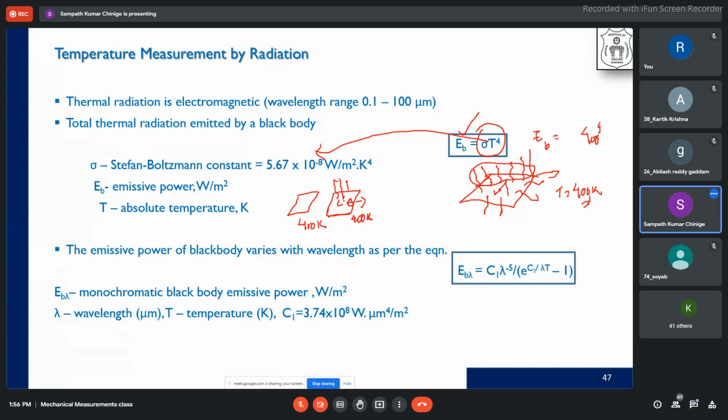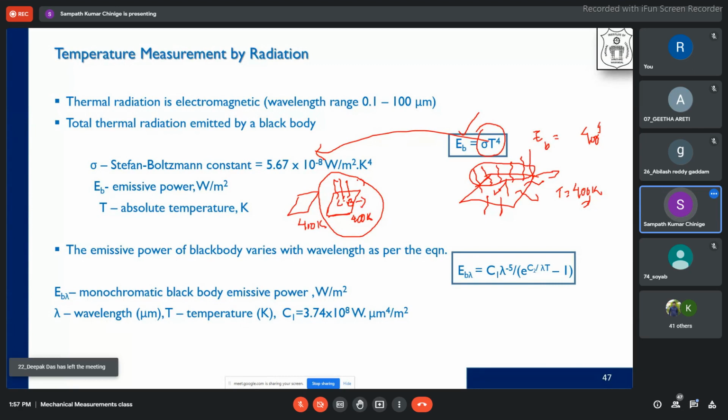The black body is an ideal body which we use to compare any surface with, to understand what the difference is.